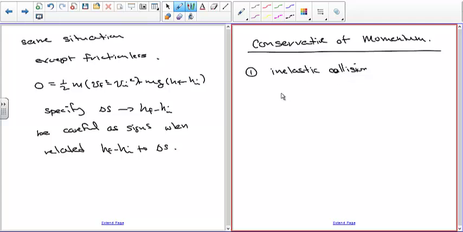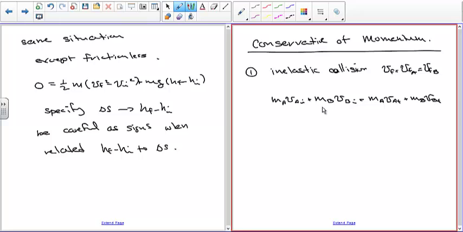That's where two things run into each other, and the final velocities of the two objects, say object A and object B, are equal to each other. So what comes out of this is m sub A times v sub A initial plus m sub B times v sub B initial equals m sub A times v sub A final plus m sub B times v sub B final.